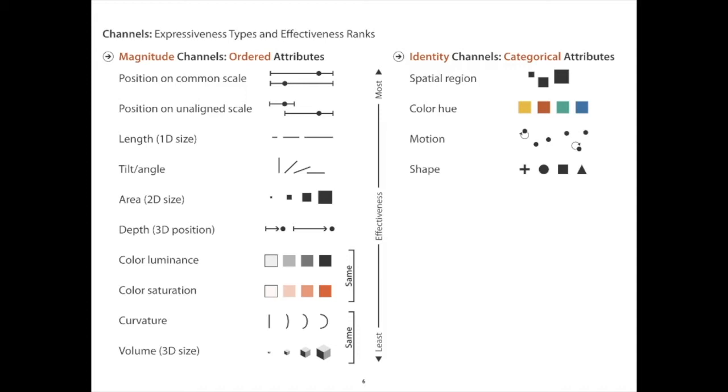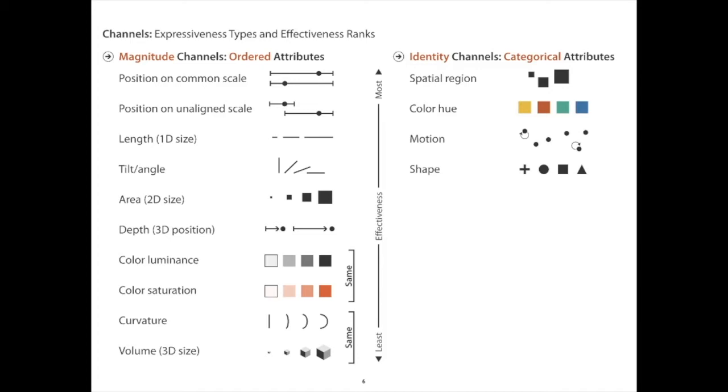And in the identity channel, we are talking about the categorical attributes. So if you want to have marks appear in different categories, the channel of spatial region is the most effective. The second most effective is color, and in this case it's the hue.